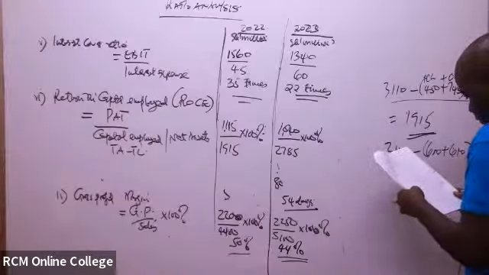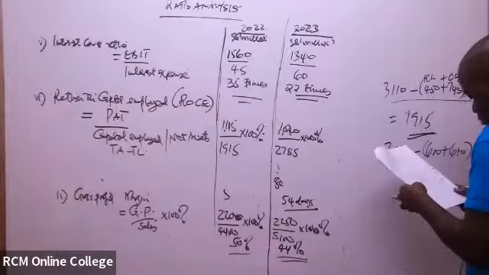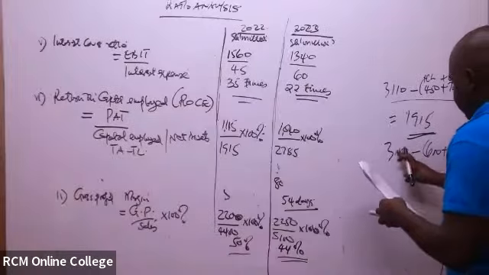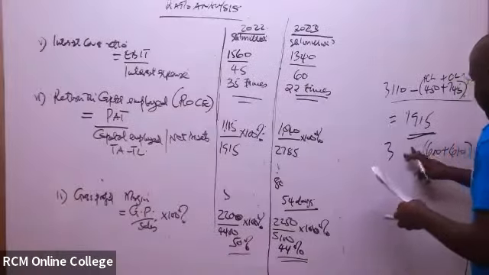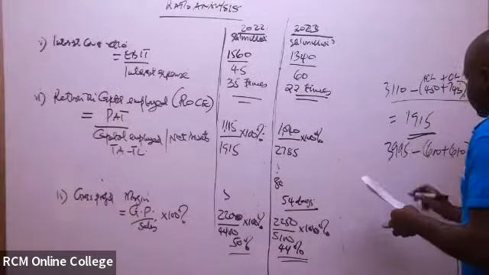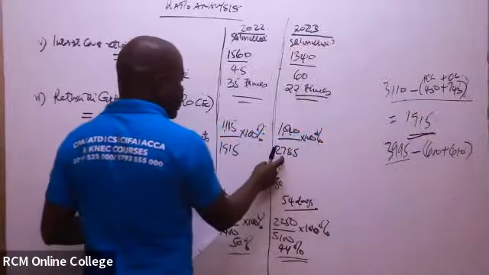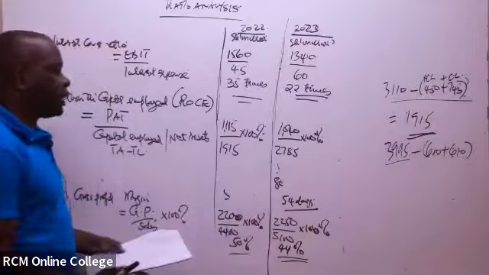The total figure is 3995. If you do the minus, you should get this one. Then you multiply by 100%.